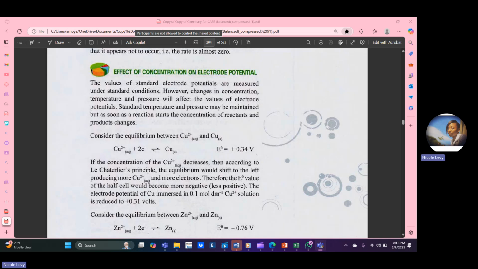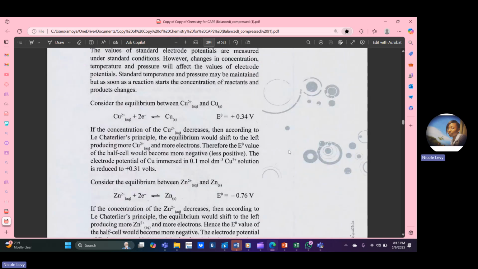So if we look at this reaction down here, where we have the copper 2 plus ions gaining electrons to form copper solid, if the concentration of Cu2 plus ions decreases, according to Le Chatelier's principle, the equilibrium would shift to the left to give us back more of the Cu2 plus.